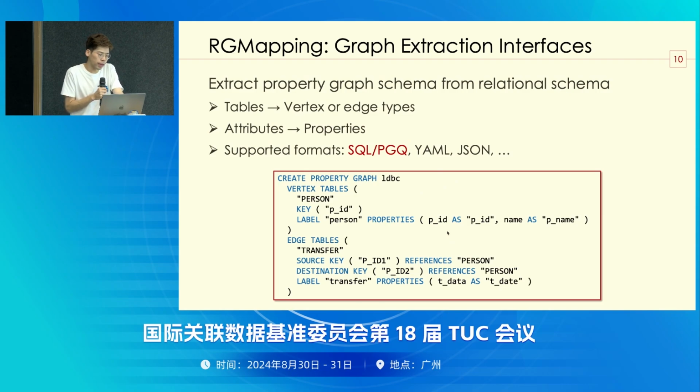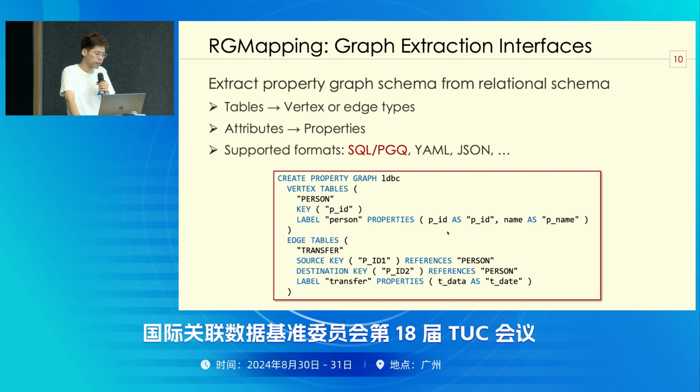Specifically, we can write the RG mapping, or the graph extraction interfaces, in different formats like Cypher, PGQL, YAML, and JSON. This example is the RG mapping written in Cypher, PGQL. In this statement, we define a graph called LDBC, and we map the label of the vertex called person from the relational table called person.